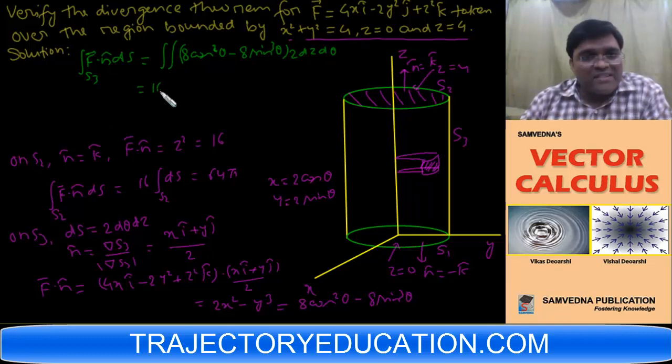So it is 16 times cos square theta minus sin cube theta, dz d theta.